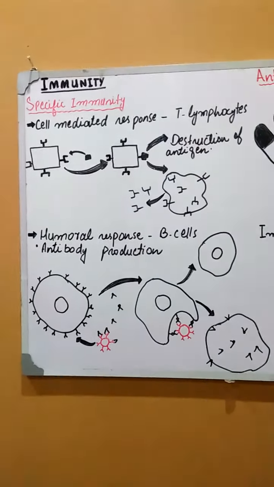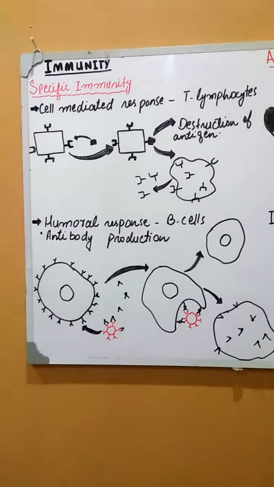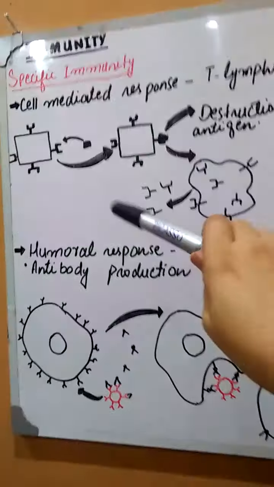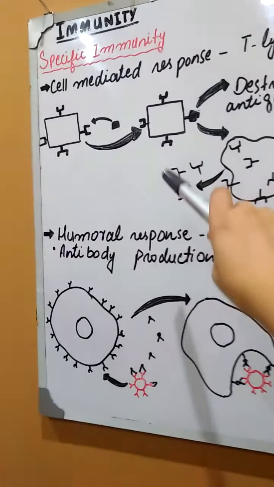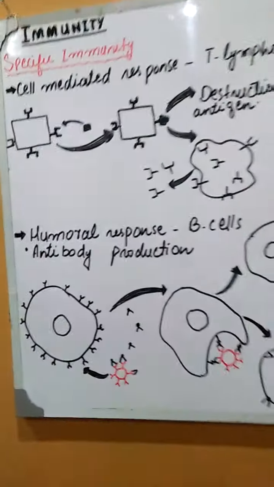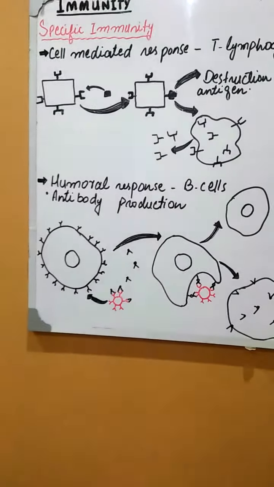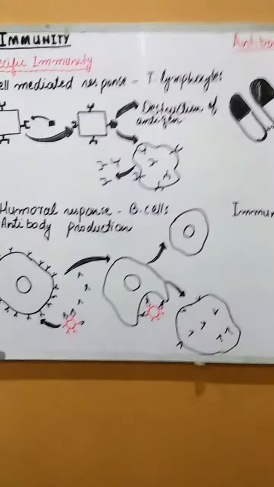So what happens in cell mediated response? In cell mediated response, the cells themselves are involved in the destruction of antigens. So firstly, you should be able to differentiate between antigens and antibodies.